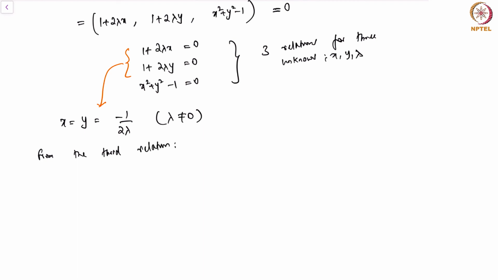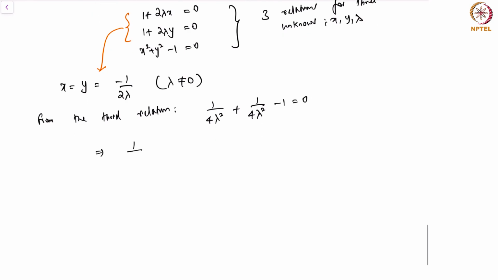we simply have x square, that becomes 1 by 4 lambda square, y square 1 by 4 lambda square, minus 1 is 0. And therefore I have 1 by 2 lambda square is equal to 1, or lambda square is half. And this gives me two values for lambda, plus or minus 1 by root 2.